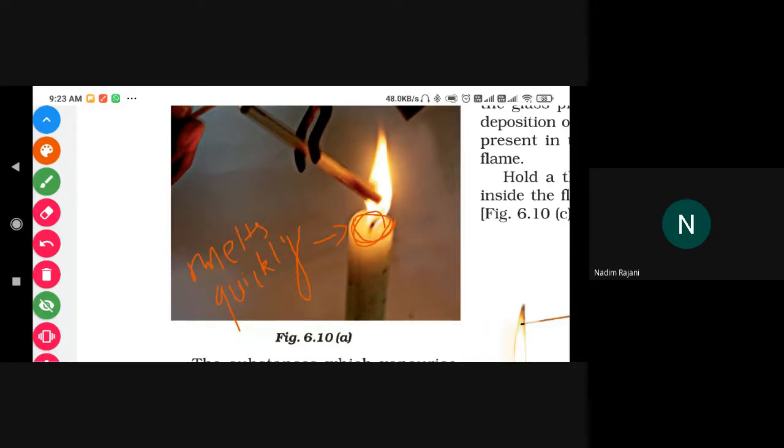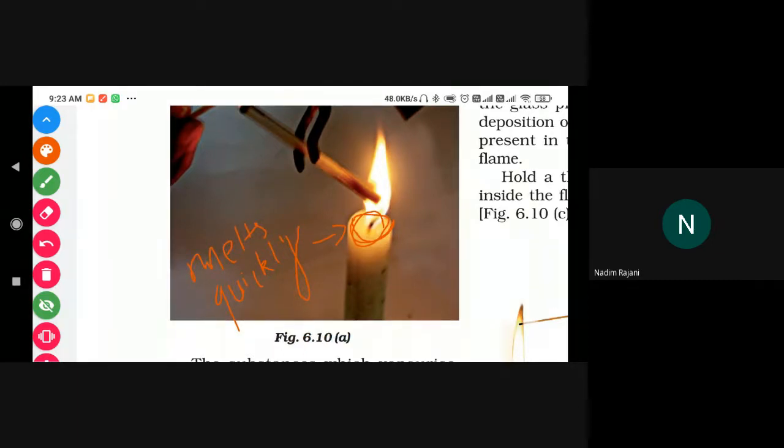Ma'am, first we have to burn the candle. Very good. Then we have to check its flame. And what do we need to do with the glass tube? Now we have to take a pair of tongs.